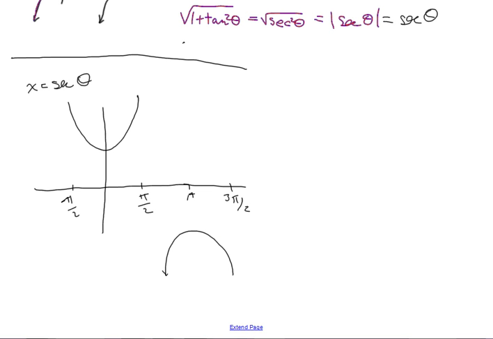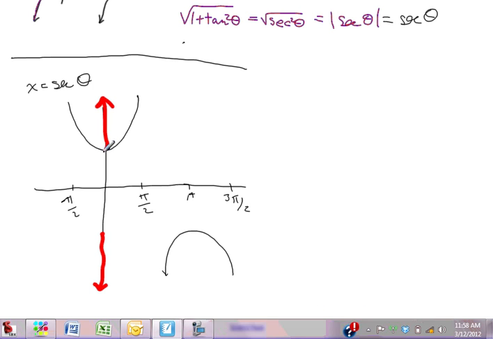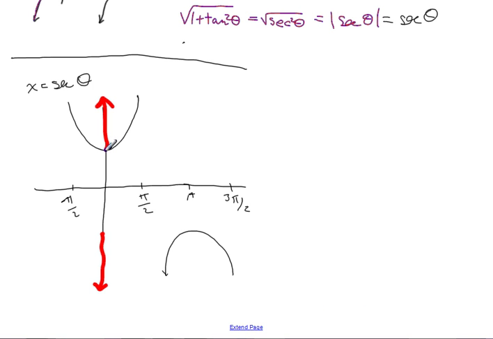So the range is from 1 to infinity, and from negative infinity up to -1. So the restriction is going to be something that gets everything in the range, but makes it 1 to 1. So, of course, the simplest thing is going to be from 0 out to pi over 2, right?